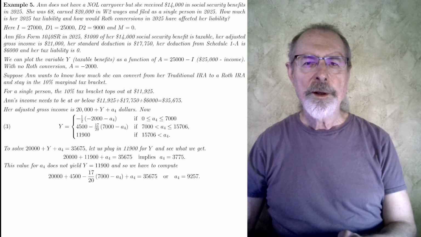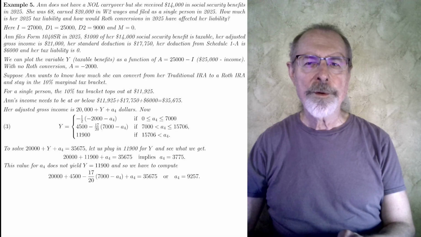On Form 1040, line 4 has her IRA distributions. That's what she's going to use for her Roth conversion. You can see that there are 3 formulas depending on the value of A4.